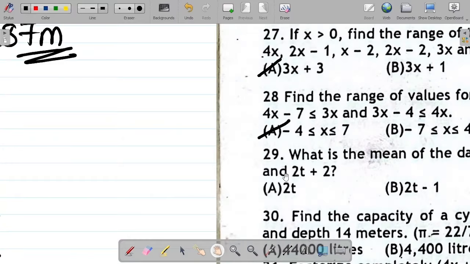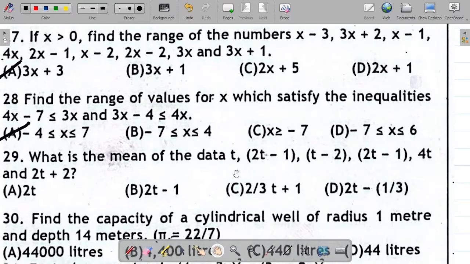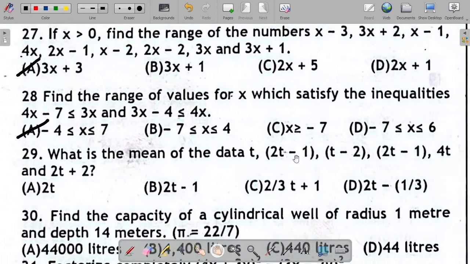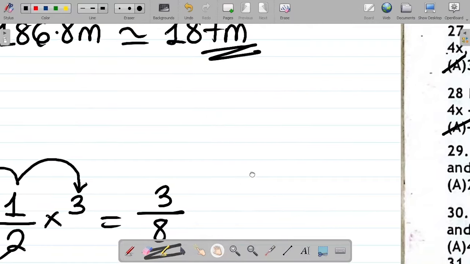To get mean, the concept is simple. What we'll do is add up all the terms there. We have t, we have 2t minus 1, we have t minus 2, you have 2t minus 1, you have 4t, and you have 2t plus 2. Let's add them all up.